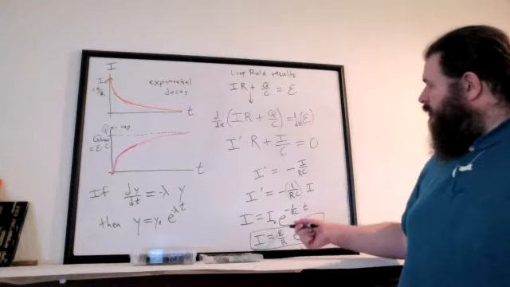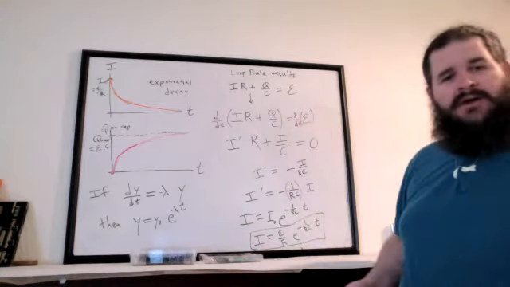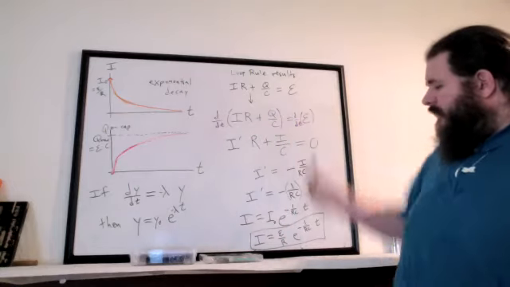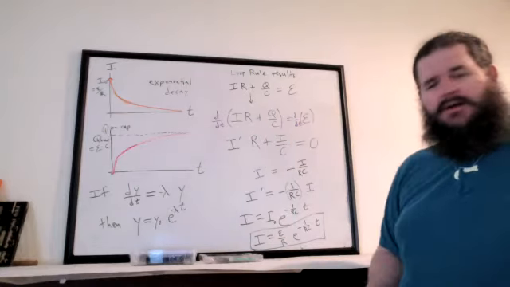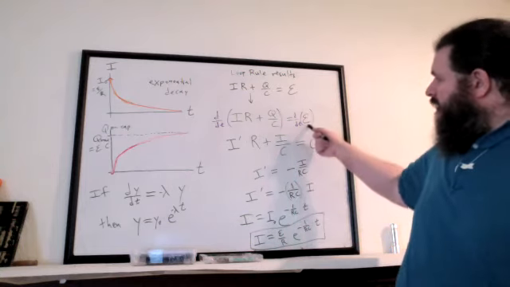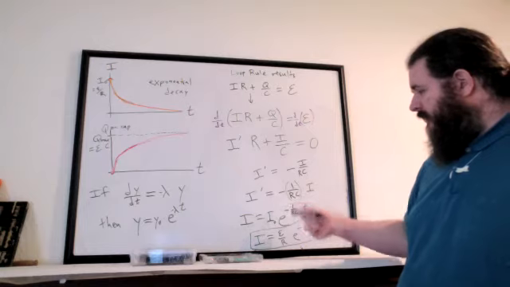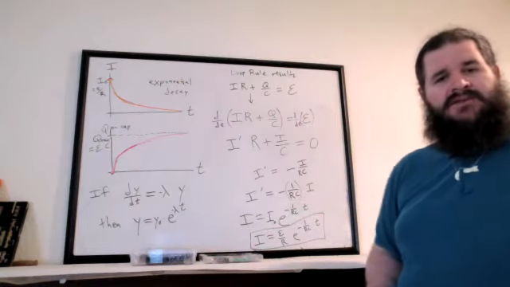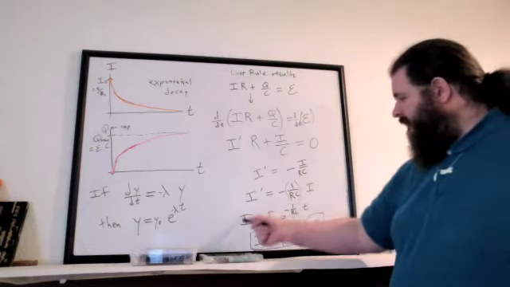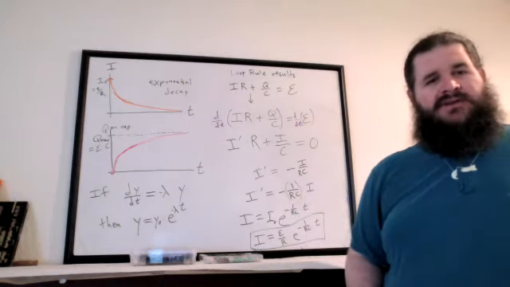And note that that's true regardless of what the strength of the battery was. If we had started with a stronger battery or a weaker battery or no battery at all, the derivative of the battery is 0. So we'd still get current equals starting current times e to the negative 1 over RC times t. So this is going to be true no matter what the battery is, or even if there isn't a battery.